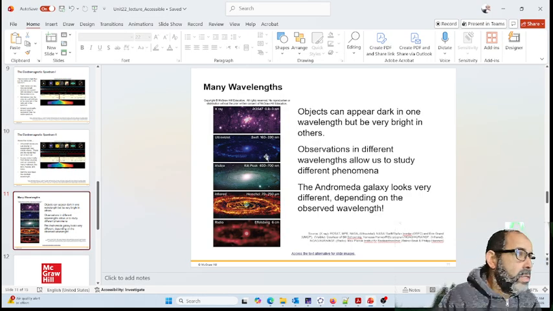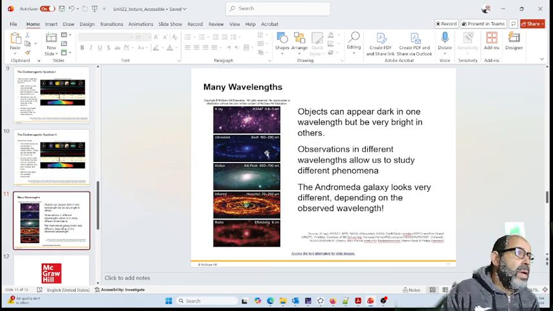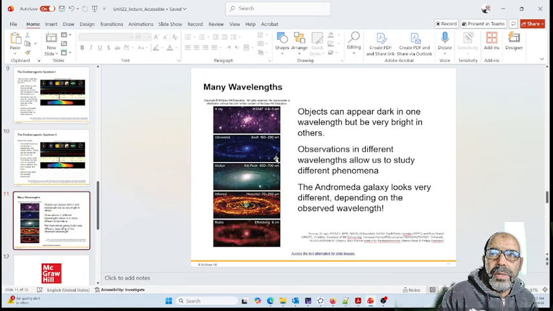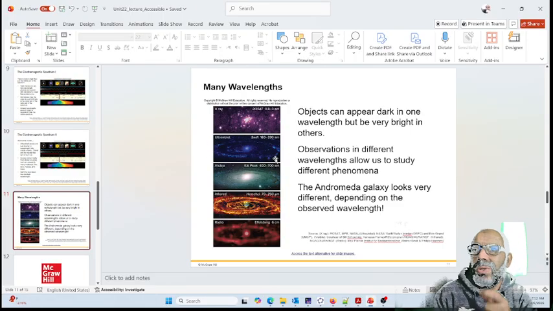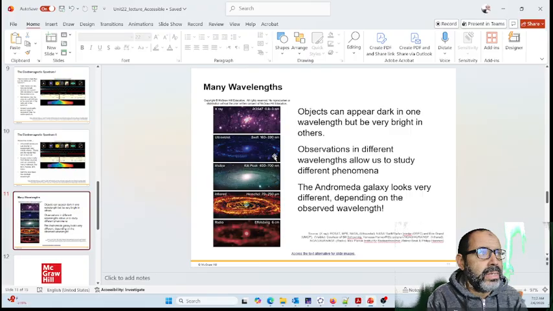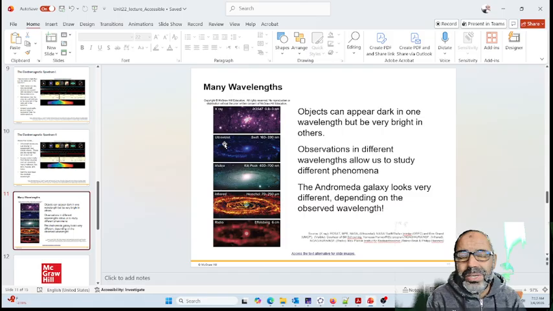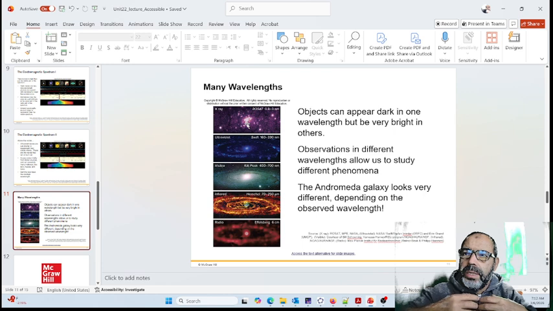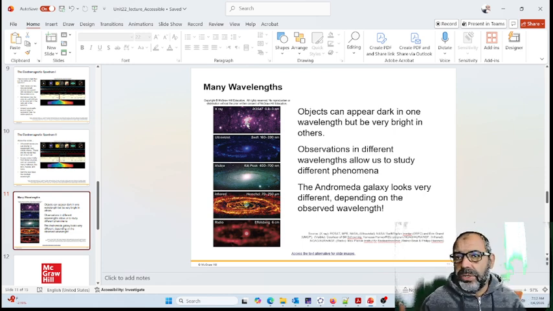But if I look at the same galaxy, for example, now with the UV filter on it, trying to focus on the UV emitted from that galaxy, now I have emissions from the edges that use high energy and also from the center of the galaxy. If I use X-rays, the galaxy would look like basically its own center only. That's because there is far more radiation at higher frequency coming from the center than from the edges.